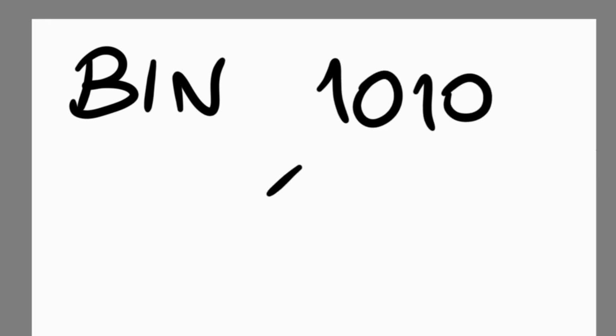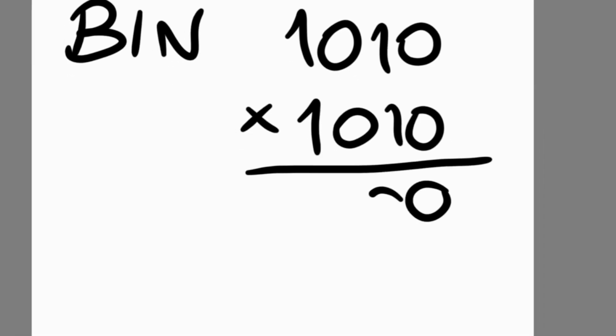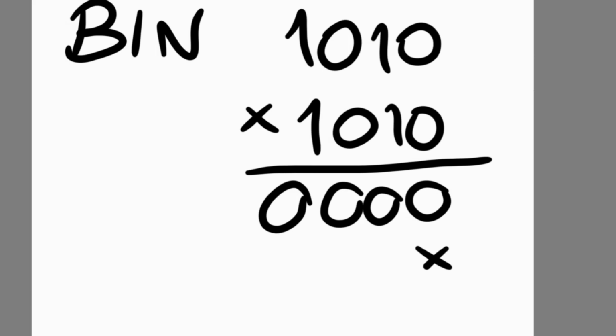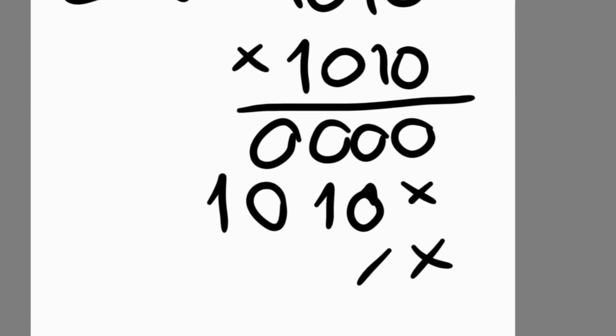So let's start with binary. With binary, 1 0 1 0 multiplied by 1 0 1 0, it's going to be 0 0 0 0, of course, and then we repeat the process with the other values as well, which is already pretty intuitive, just like decimal multiplication.